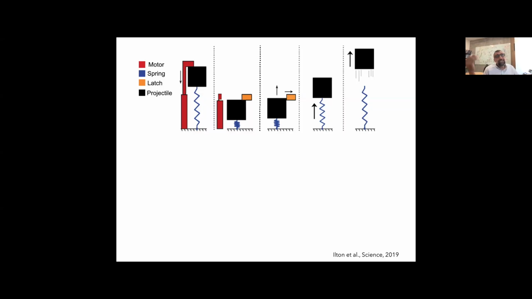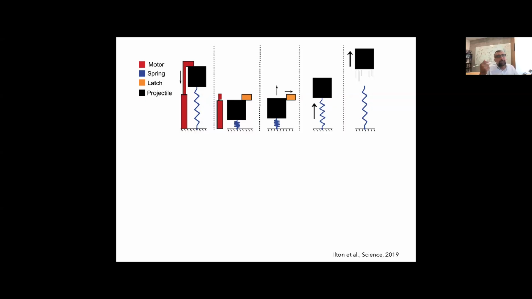This is exactly the same as a bow and arrow or a slingshot. This is really utilizing a combination of motors, springs, and projectiles with a latching mechanism in place in order to increase or amplify the output of that system.